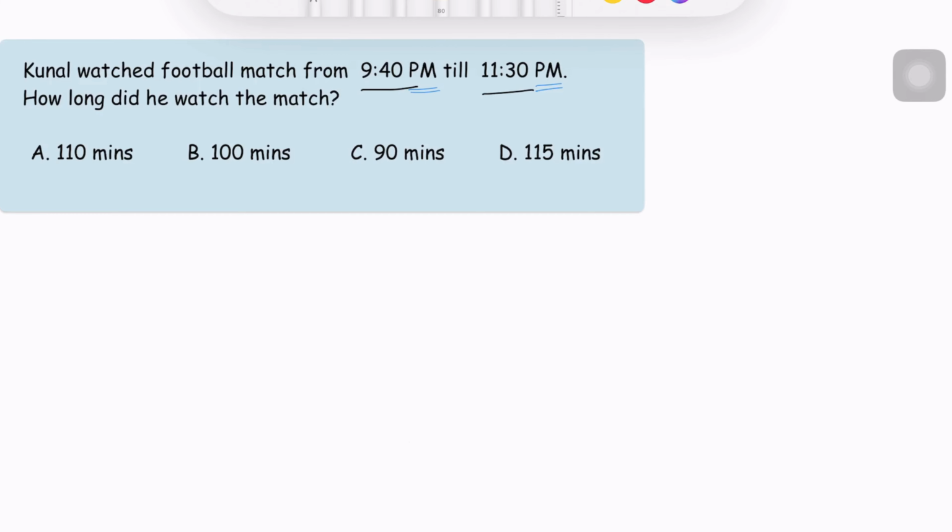So I'm telling you one simple technique. There could be more than one way to solve this question. I am telling you one simple technique which you can follow easily.